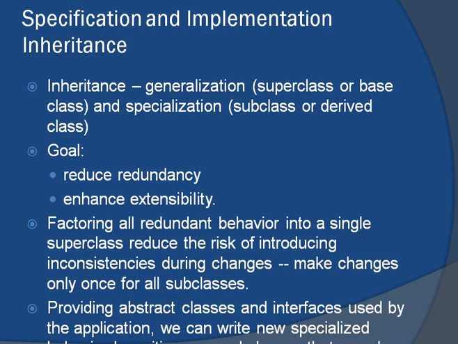So here what we will be doing, we will be factoring out the redundant behavior. We will combine this behavior into a superclass, so whenever we need to make changes, we will not face any inconsistencies because we will have to make the change only once, where we have combined all of those redundant behaviors into a superclass.